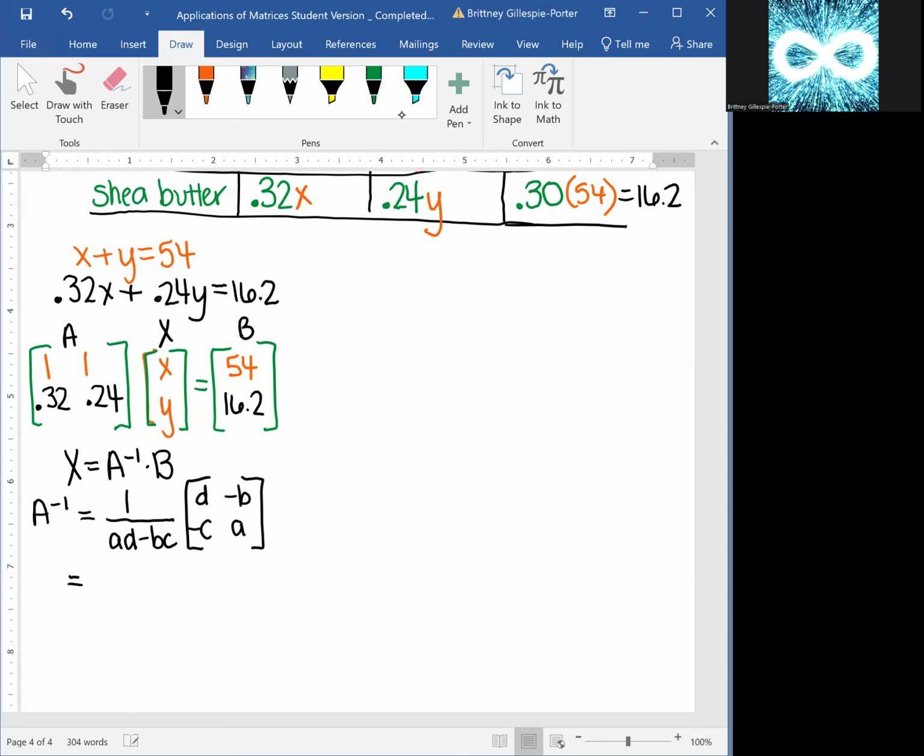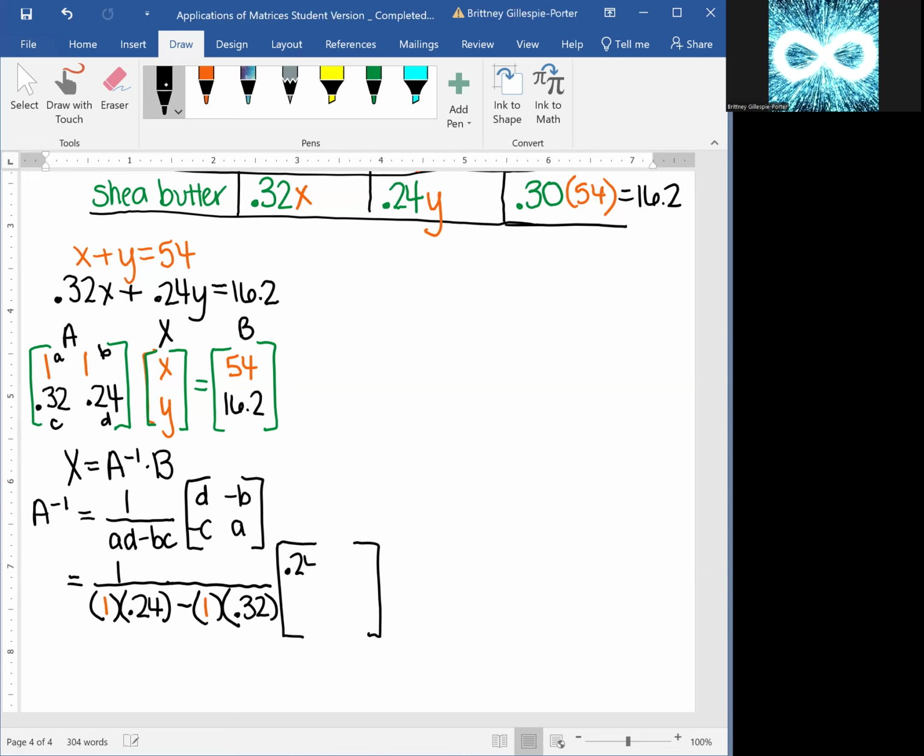So plugging in, we're going to have 1 all over our little a was 1 times D, which is 0.24, this guy down there, minus B, which is again 1, times 0.32, which is our C. We're going to take that times our crazy matrix, where our main diagonal flip-flops.